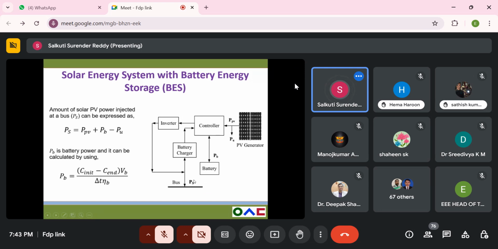In load flow studies, we are interested in how much power is injected at a particular bus. So the power injected PS is PPV plus the battery power, which may be plus or minus based on your charging and discharging status, and the spillage power. Battery power can be determined by the charging status and the efficiency of the battery.